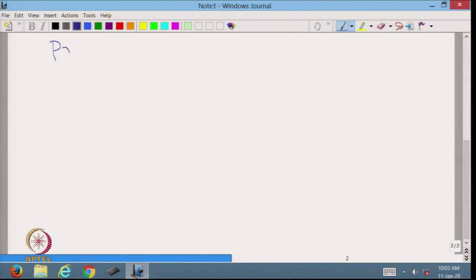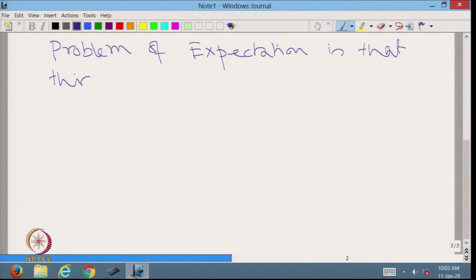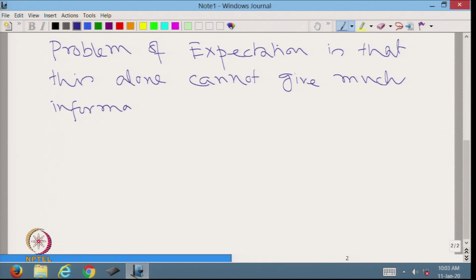Now, the problem of expectation is that this alone cannot give much information about the random variable.